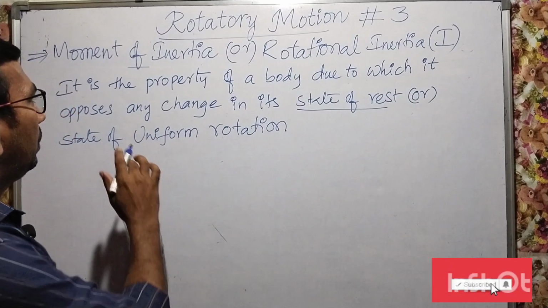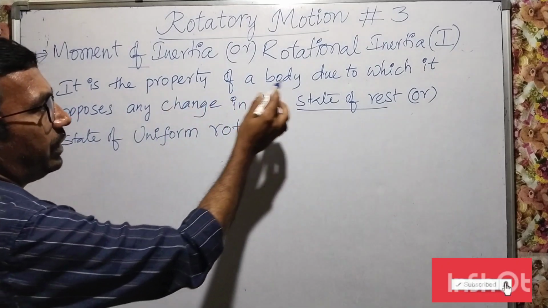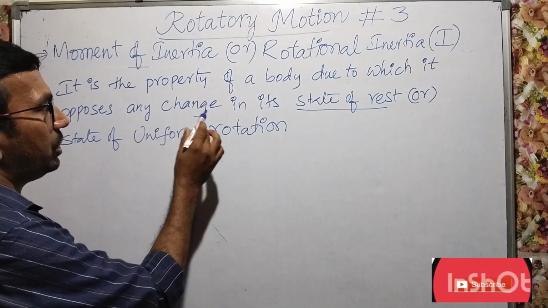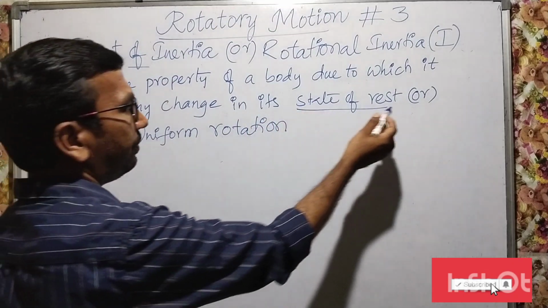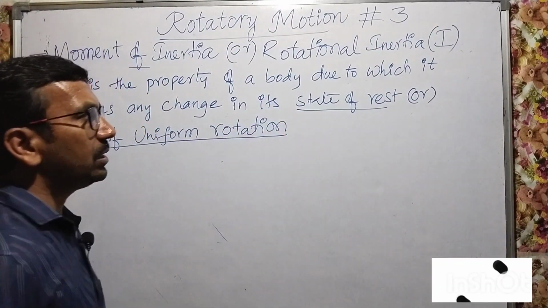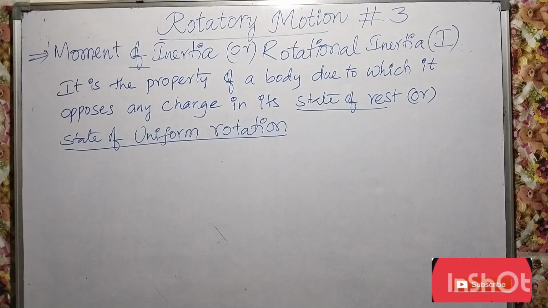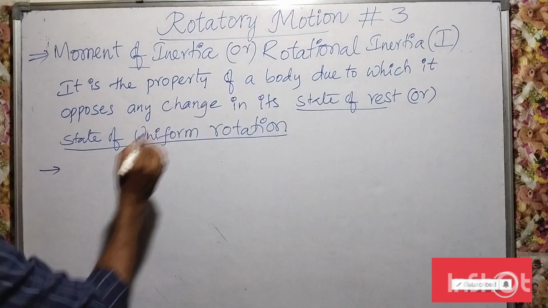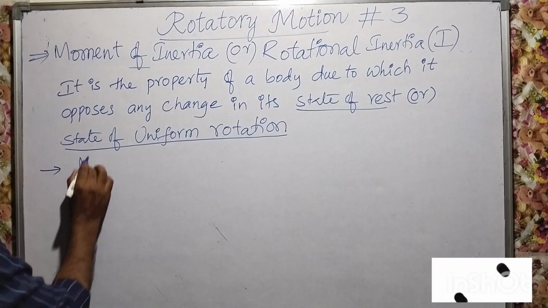It is the property of a body due to which it opposes any change in its state of rest or state of uniform rotation. This is called MOI, moment of inertia.